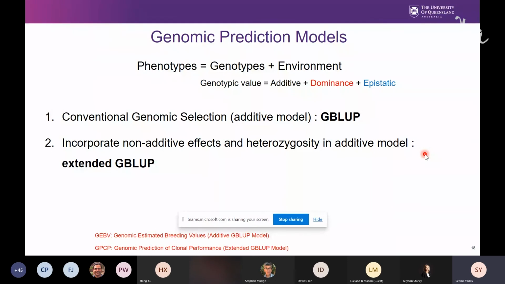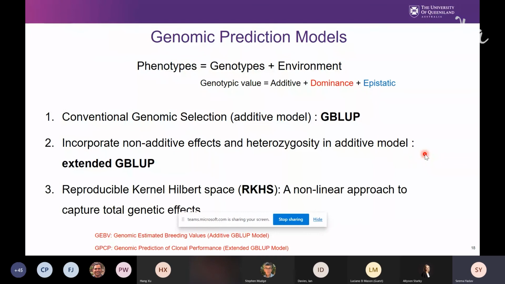So this is a standard GBLUP. At each step, first I included dominance in my model and then epistatic effects. Each of these models is extended by using heterozygosity, because sugarcane clones are highly heterozygous, and we set heterozygosity as a fixed effect, as a covariate in our prediction model.